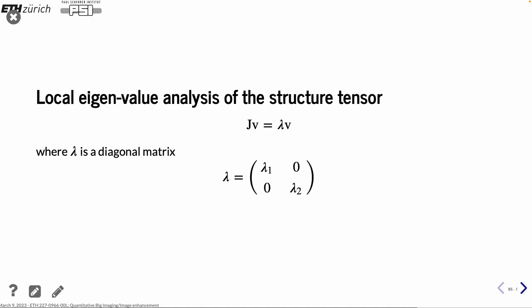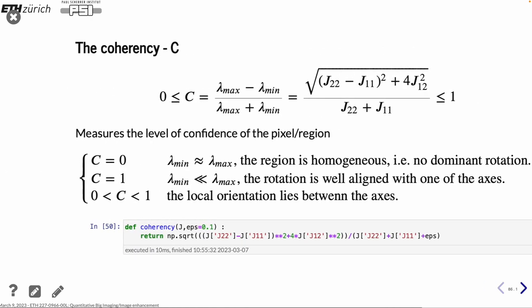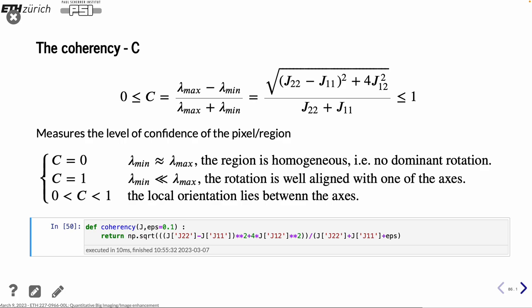And from that, we can start computing coherency. That is the information about how confident we are about the information within a specific region or of a specific pixel. And that is looking at the max and min value of the eigenvalues over the 2.